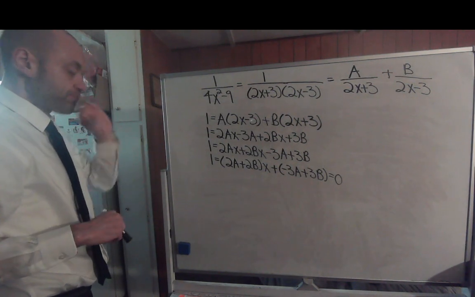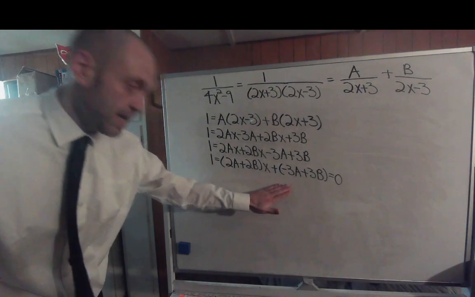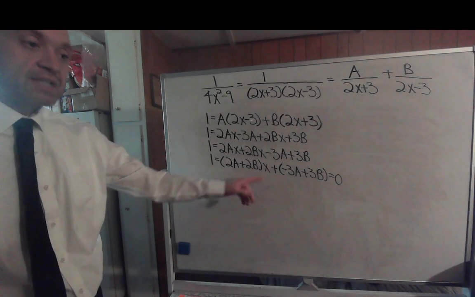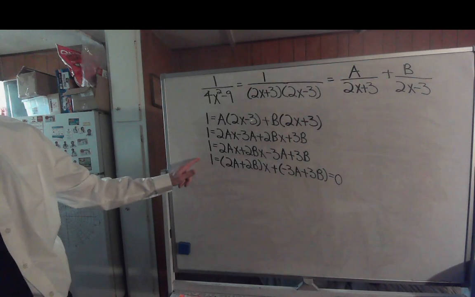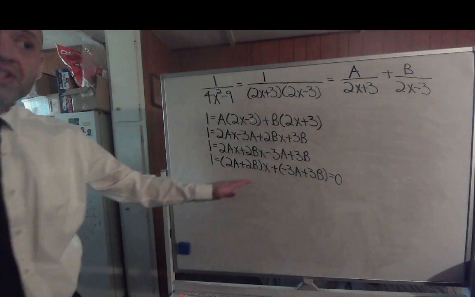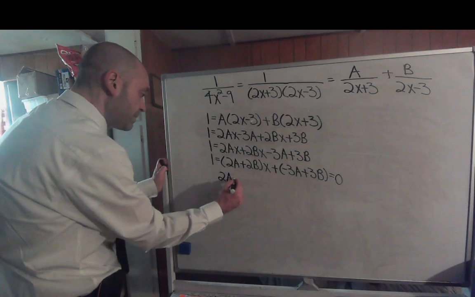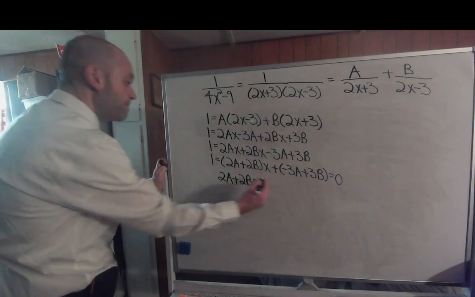Now again, the left side should equal the right. The 2a plus 2b times x represents the coefficient on your x to the first term on the left-hand side, which in this case is 0. So we set 2a plus 2b equal to 0.